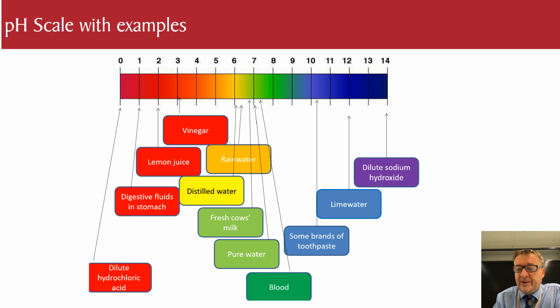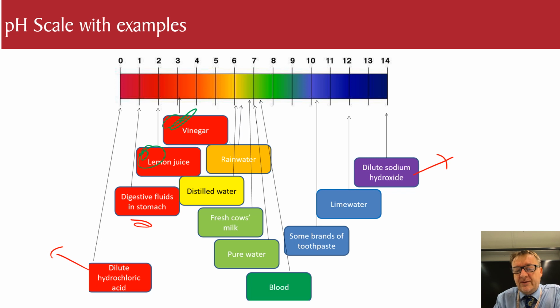Looking at a few of them here, we've got dilute sodium hydroxide with a pH of 14, that's one extreme. Dilute hydrochloric acid has a pH of 0, which is the other extreme. We've got stomach acid, lemon juice with a pH of 2, and vinegar with a pH of about 3.